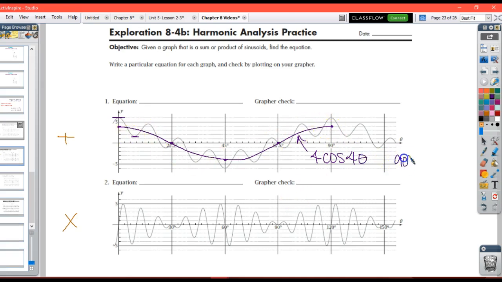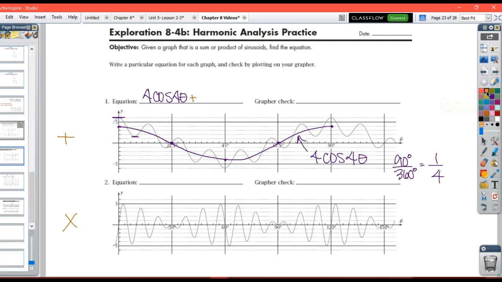You could do that off to the side: 90 over 360, it's a fourth of the size. So in the equation, we put in the reciprocal. So I'm going to take 4 cosine of 4 theta, and we chose to add, since the sinusoidal axis is what's changing each time.